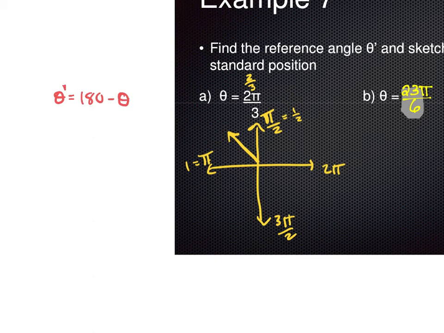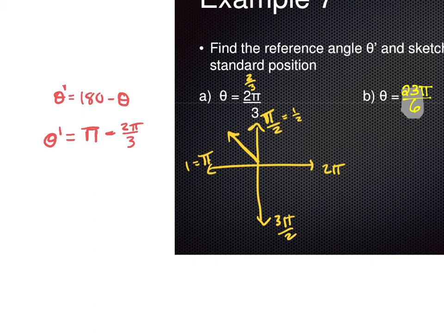But 180 is if we deal with degrees, and here we have radians. So what's the radian equivalent to 180? 3.14. Yeah, or just pi. So we have pi minus our theta, which is 2 pi over 3. And that's going to be equal to our reference angle.